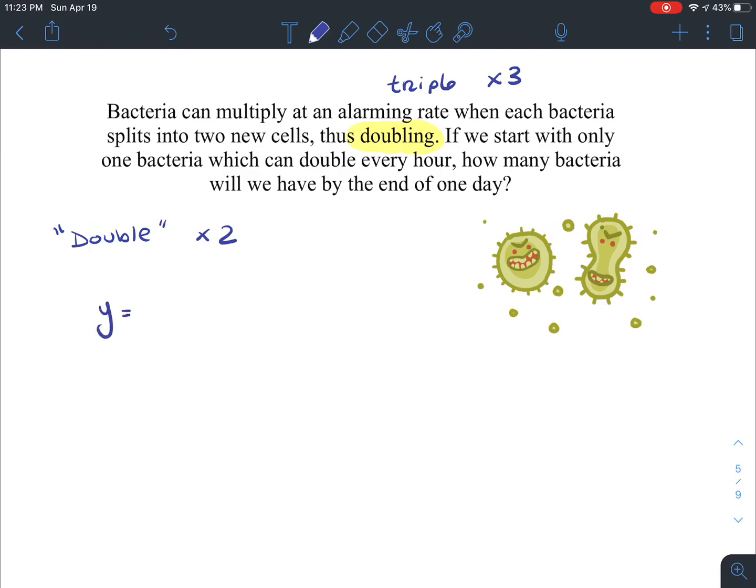What are the values that I plug into my equation? Well, we need an initial value. We're starting with only 1 bacteria, so A is equal to 1. My growth factor is what I'm multiplying by. In this case, it's 2, right? We're doubling, times 2. And our exponent is the number of times this doubling is going to occur. Now, we have to do a little work for this because in this question, our periods happen every hour, and we want to know how many bacteria we will have at the end of 1 day.